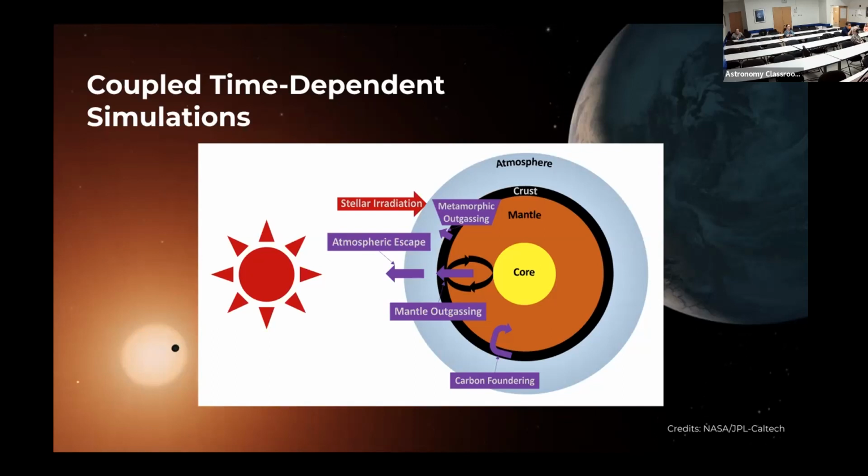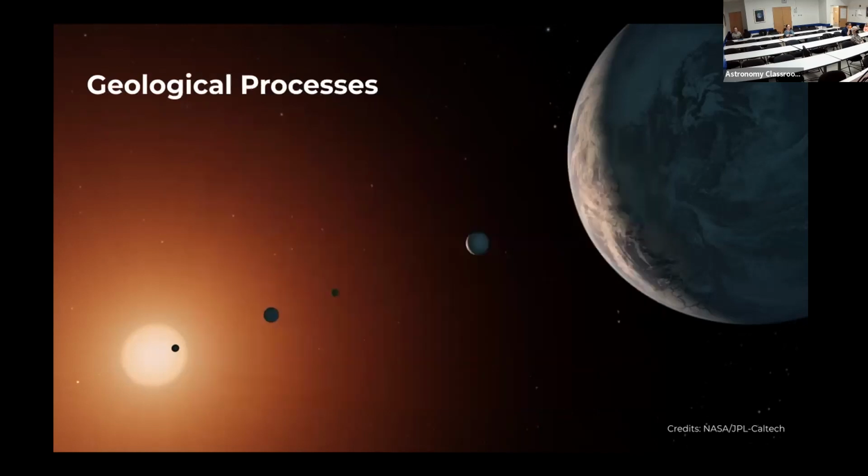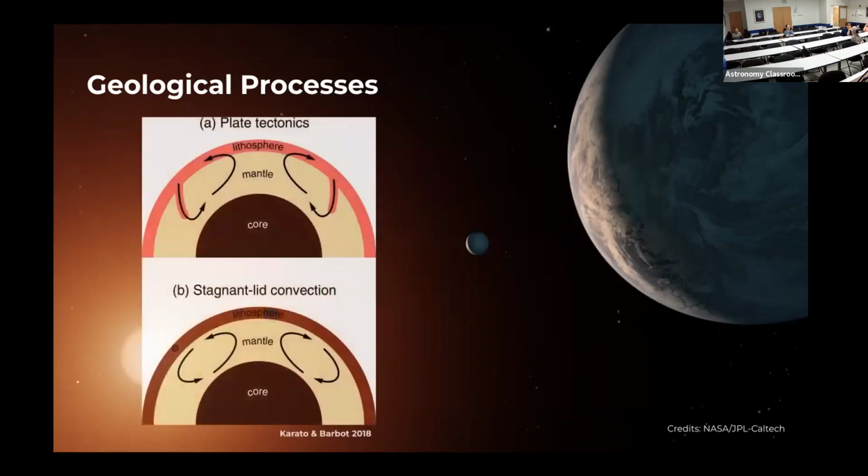I'm going to go into each of these a little bit more and explain how we set these up in our simulations. First, a little bit of background on the geological processes that we're modeling here. There are a few different tectonic modes that can happen on planets.